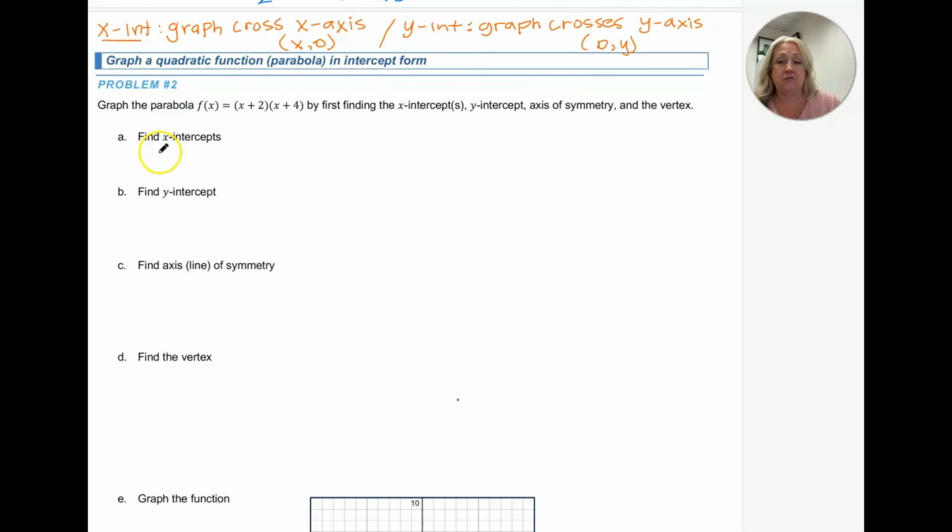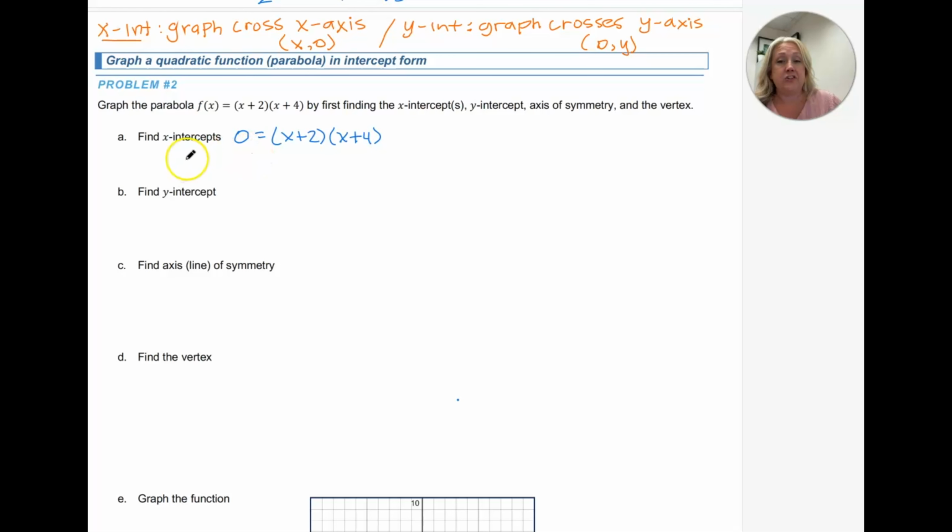Okay, so let's use those ideas down here as we're finding these. Let's first start off with the x-intercepts. We're going to use the zero product property that we talked about in the video previously, and so we're going to set each part equal to 0. So 0 equals x plus 2 multiplied by x plus 4.